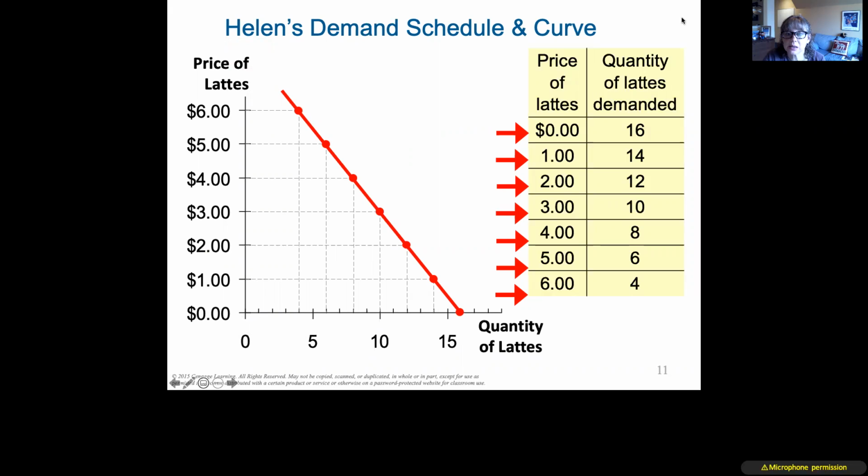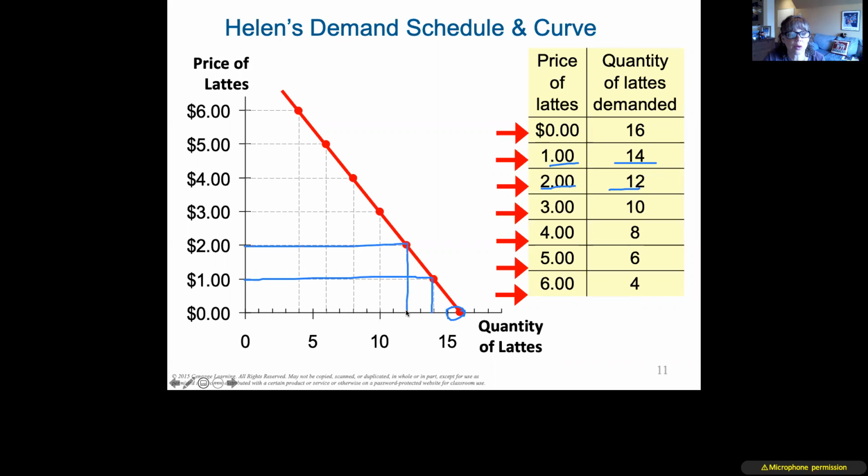Then taking Helen's example, just as we looked at the chocolate bars, you can basically chart this. At $0, Helen bought 16. When the price is $1, she buys 14. When the price is $2, she buys 12.